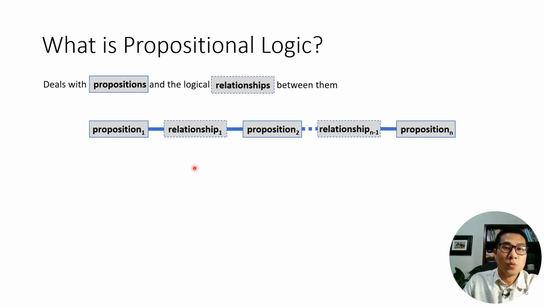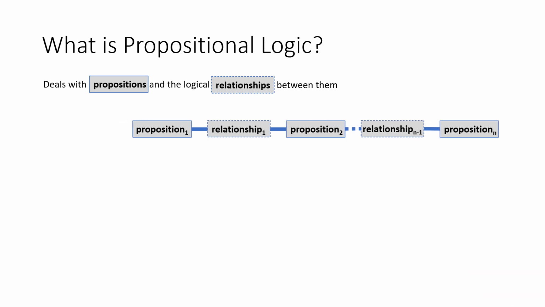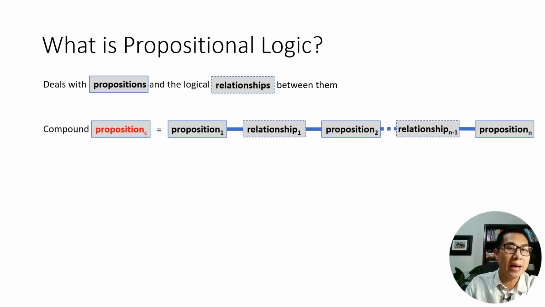Then we also study the relationships among these propositions, and how we combine the input propositions in order to create a new one, called a compound proposition. This new compound proposition is a new value, or a new knowledge.